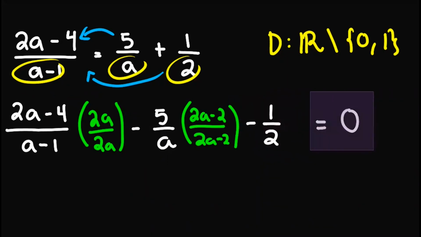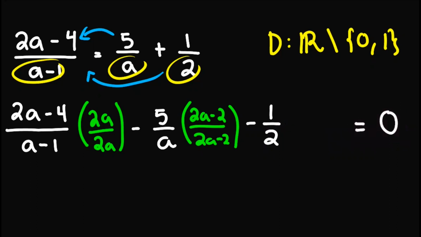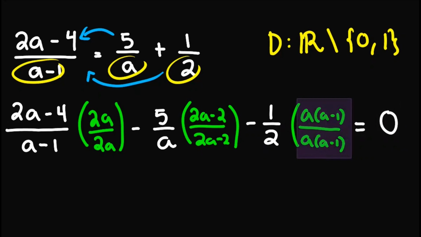And lastly, we multiply a times a minus 1 over a times a minus 1 here, or simply a squared minus a.